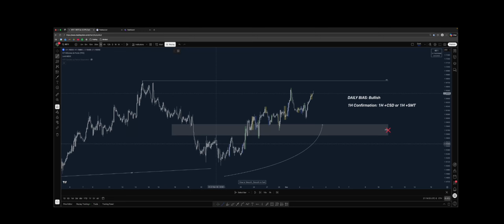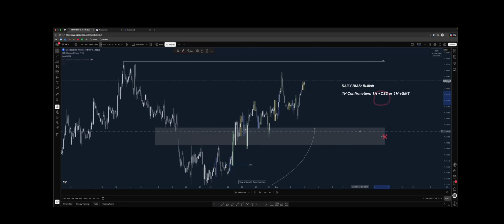Looking at the hourly order flow, we can see the order flow is bullish ever since this change in state of delivery here. So that instantly confirms a bullish bias because I'm trading aligned with the high time frame order flow. I've got a daily bullish bias and I'm trading aligned with the hourly bullish order flow. So I've generated a bias and then I've confirmed that via the hourly.